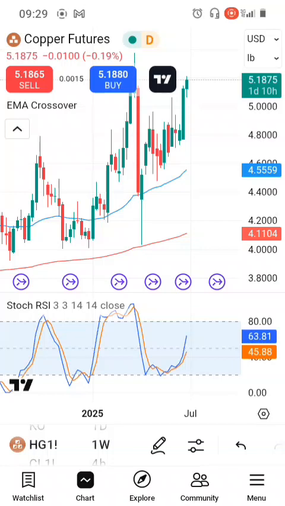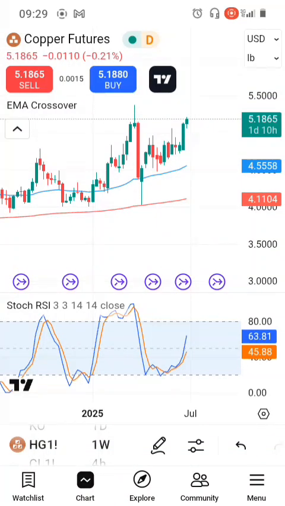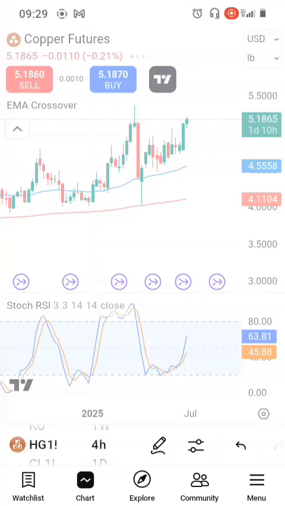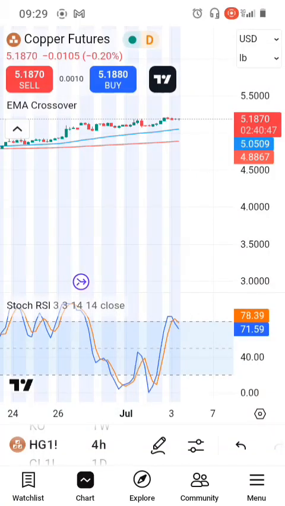Now with copper, we have a reversal entry, which is awesome. As you can see, there's an awesome reversal entry. The challenge with copper is the 4-hour entry has not appeared yet. And as you can see, the 4-hour entry is oversold.